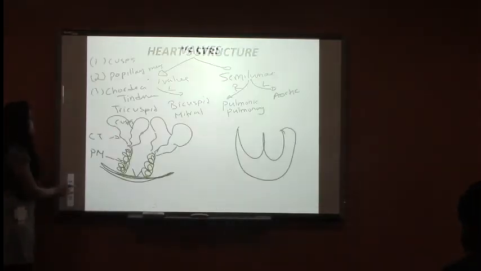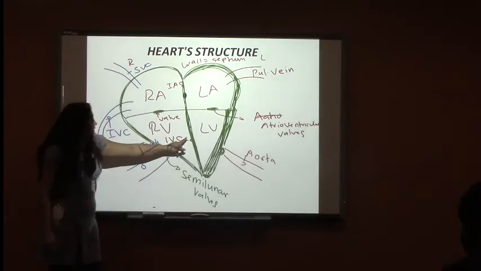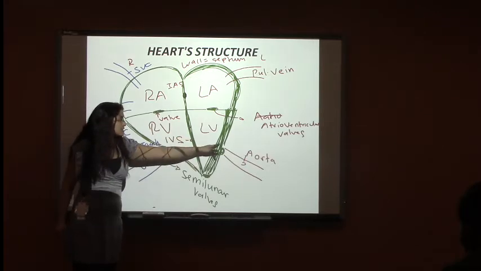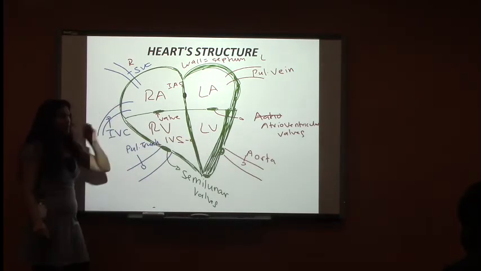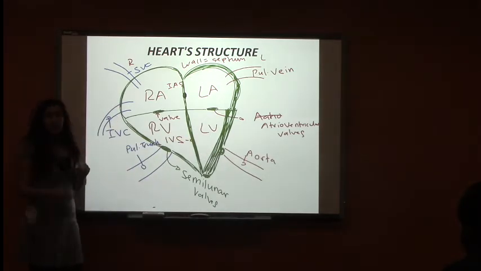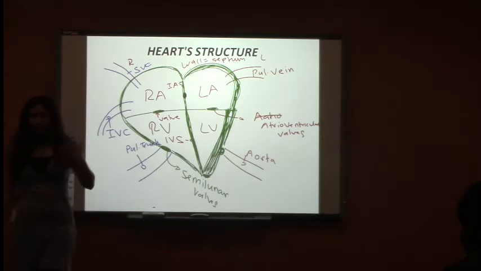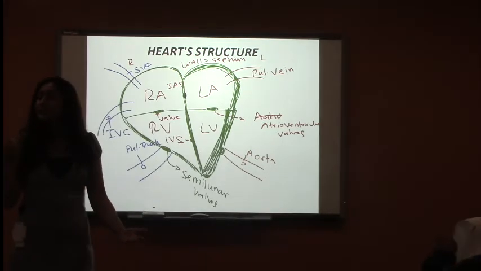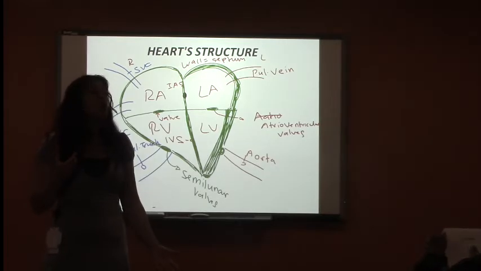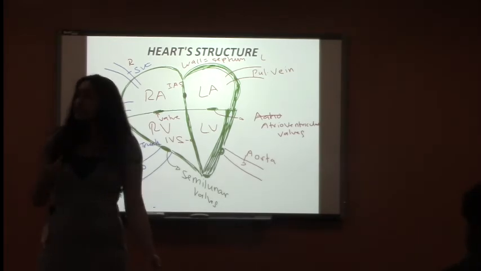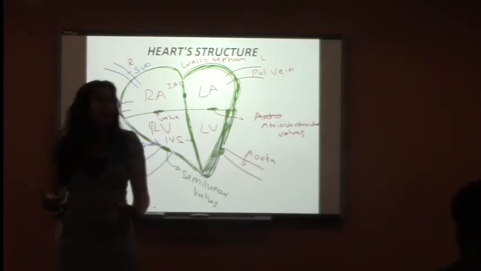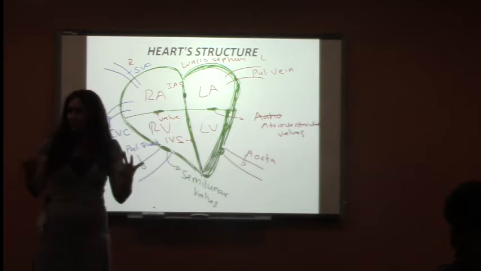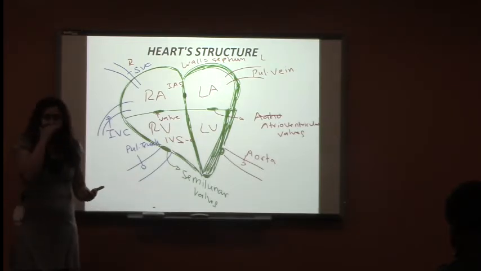Now, I forgot to say one thing in here. This is the thickness, okay? That's why I draw this again. I forgot to tell you about the thickness. Now, when you compare the right side to the left side, the thickness is made up of myocardium. And you know myocardium is cardiac muscle, right?